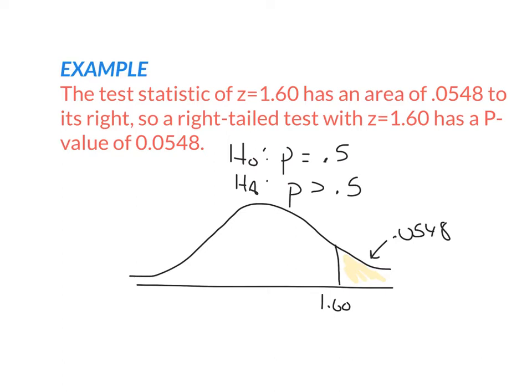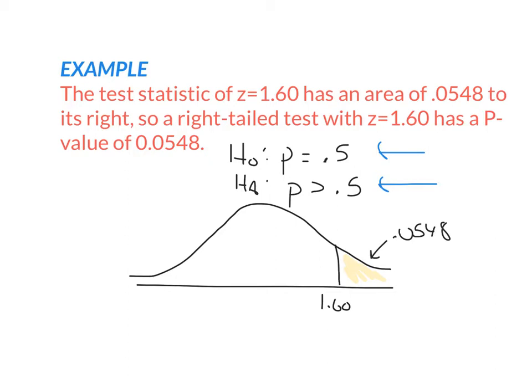A quick example. This goes back to the problem we did even yesterday with the gender selection, and this says a test stat of z equals 1.60 has an area of 0.0548 to the right, so it's a right-tailed test with z equals 1.6. So this is what our null was yesterday. If you have a 50% chance of having a girl, the probability of having a girl is 0.5. With the gender selection, they were trying to say that it's bigger than 0.5.